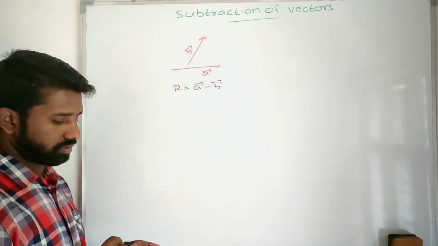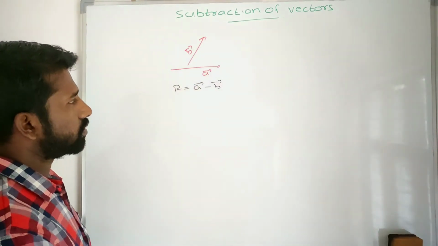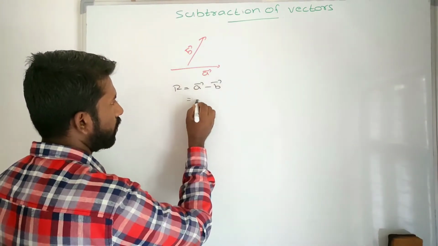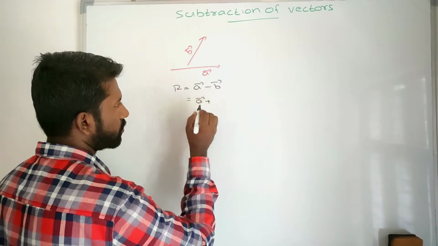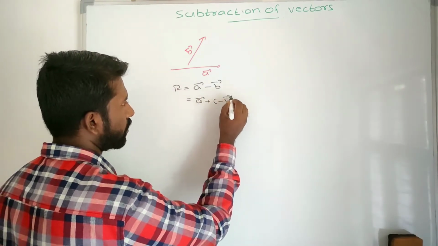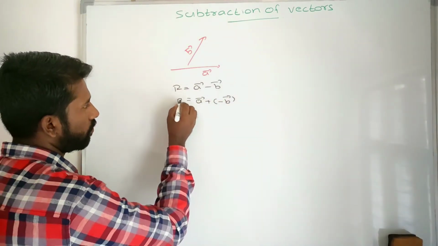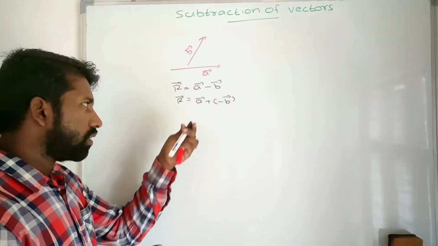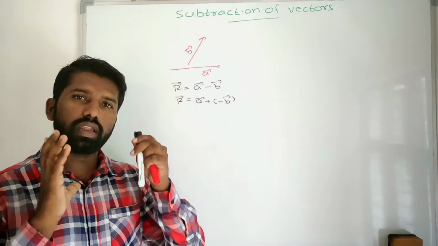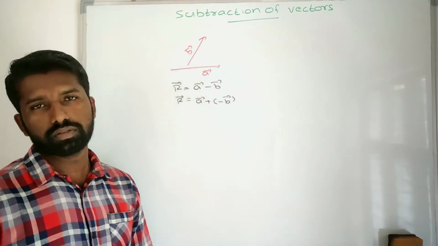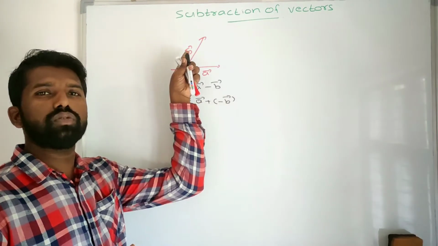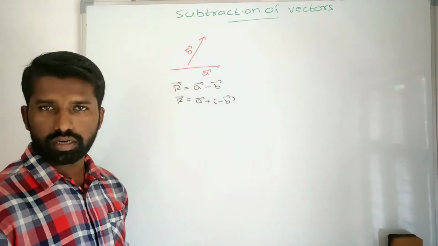So I am going to write this as A vector plus minus B vector. What is this minus B vector? Minus B vector is the negative vector of B vector. Negative vector means it has the same magnitude but in the opposite direction.